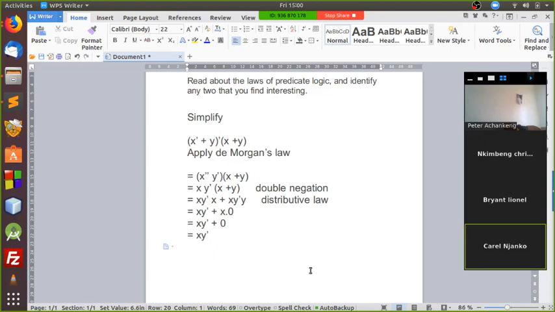When to apply? I've not got the first part. When to apply a law.